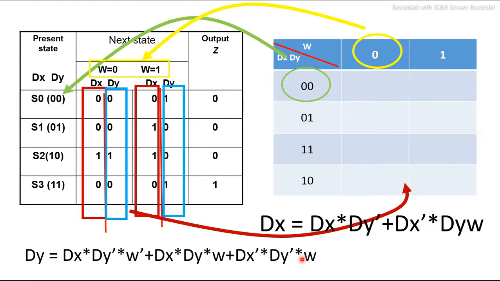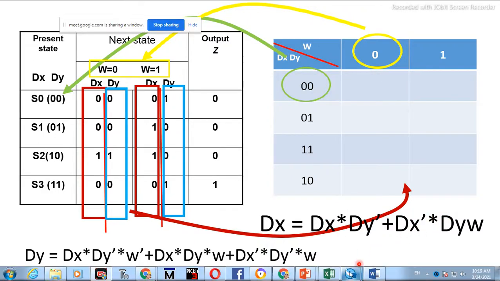So now we have two D flip-flops, Dx and Dy. From here we know that the bar needs a NOT gate and the plus needs an OR gate, and we also have an input signal W. For AND gates, we need an AND gate with two inputs and an AND gate with three inputs.